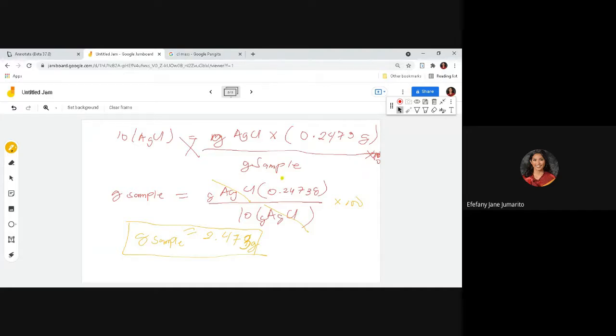Since we are looking for the grams of sample, we know this is given for your percent Cl. So let's cross multiply.